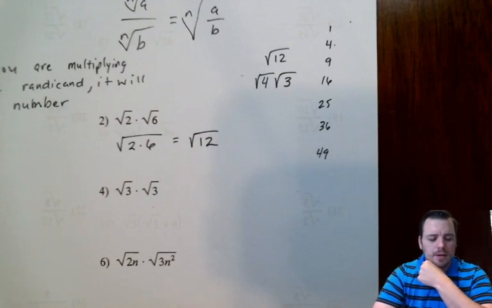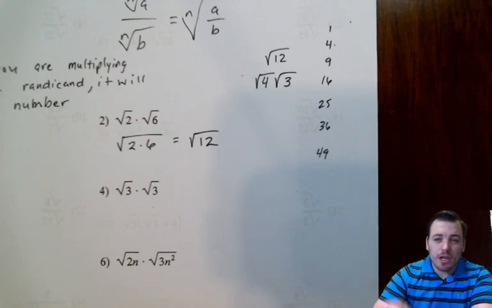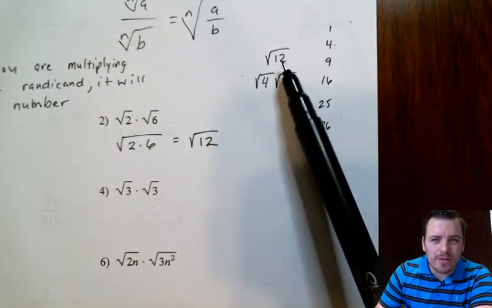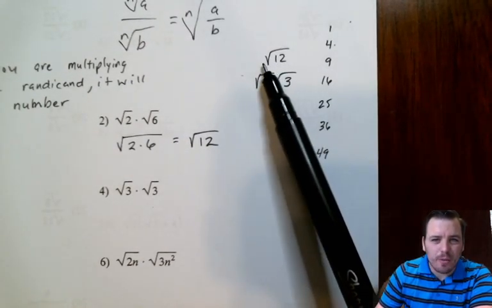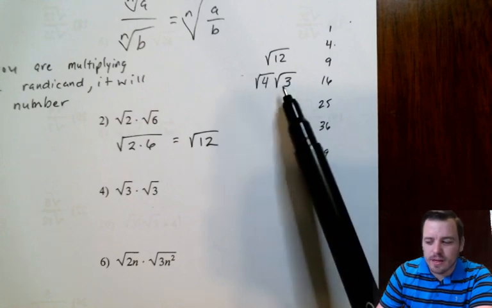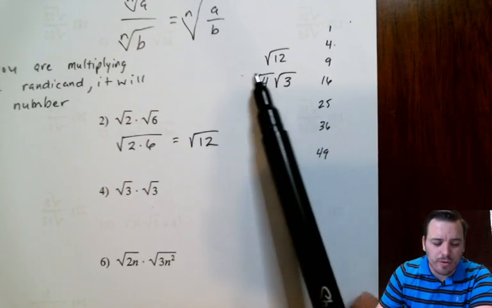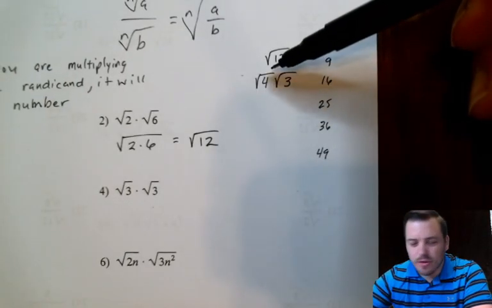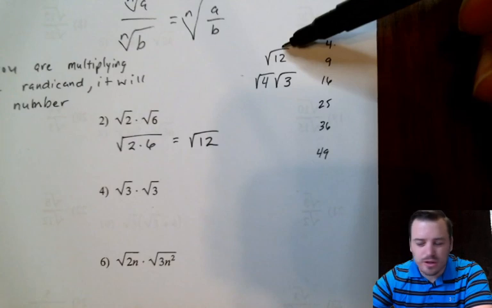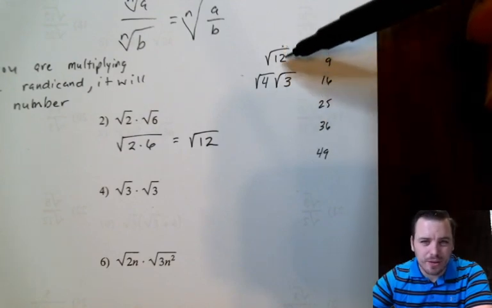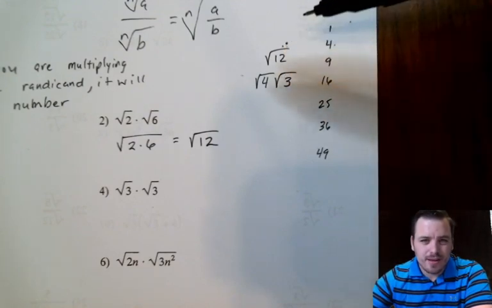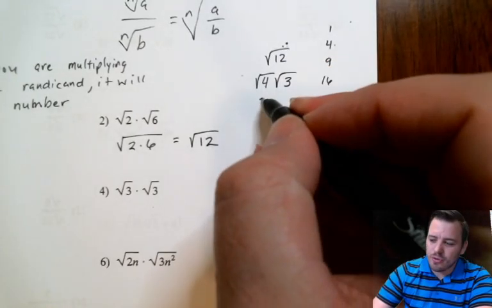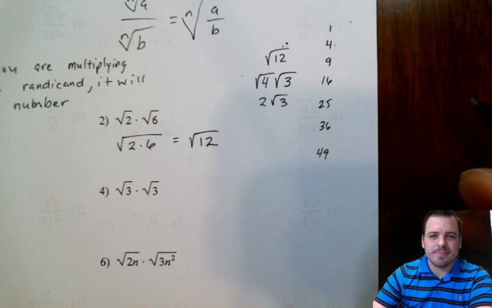Okay. And what you didn't even know at the time is that this rule, how we would go from radical 12 to radical 4, radical 3, is literally what we're doing right now. Look at this. When you have radical 4 times radical 3, you just go there. We're just going backwards. We're going the other way now. So here, that's 2 radical 3.